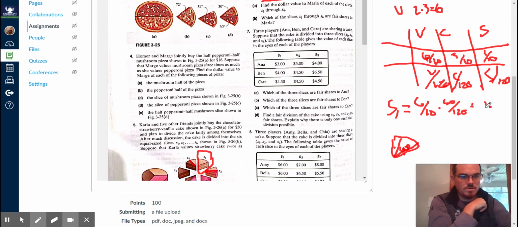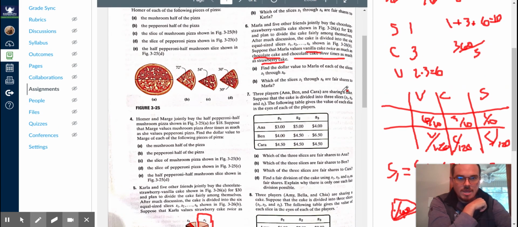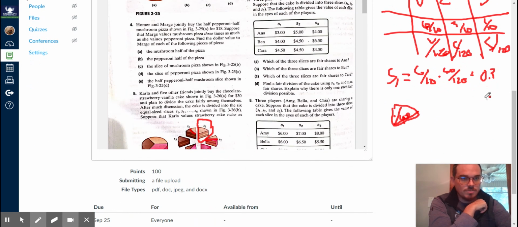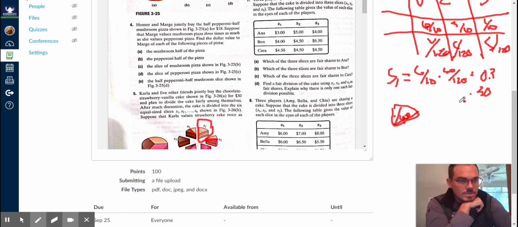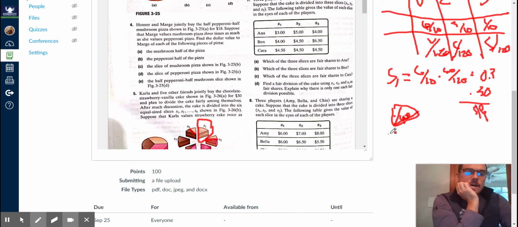That's going to equal 0.3. Now we multiply it by how much they spent on it. And they spent 30 bucks on it. So multiply that by 30. And let's see, 0.3 times 30 gives us 9. So that piece of cake is worth $9 to Marla.